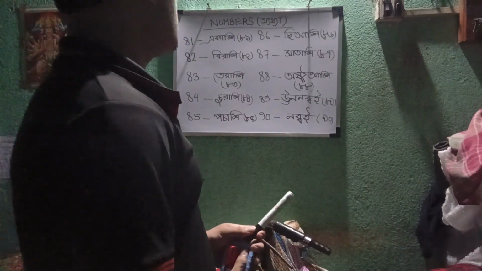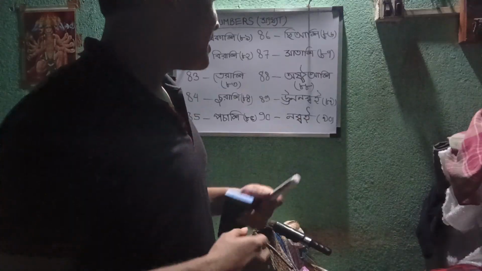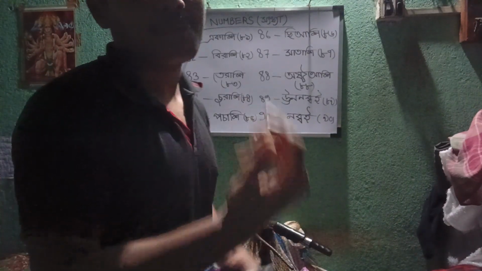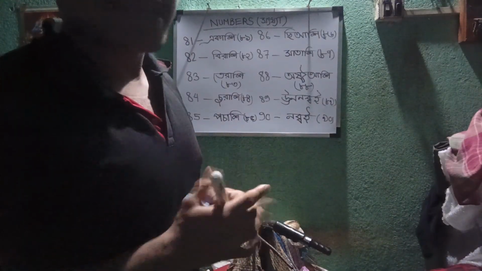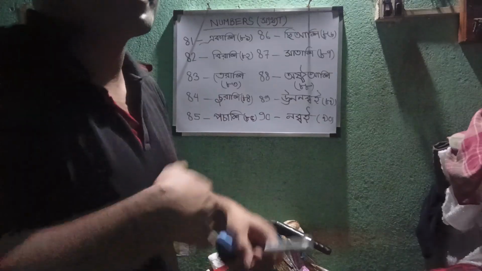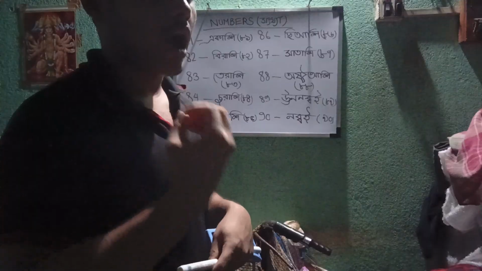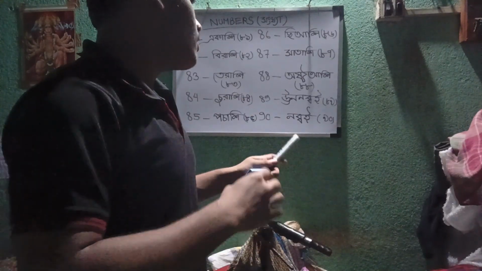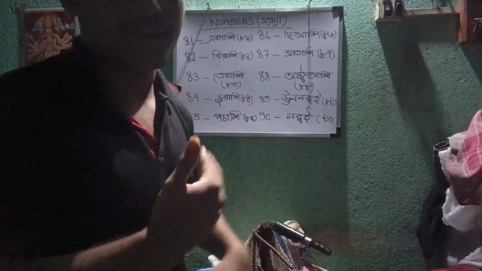If you have a problem understanding why this hoshi becomes nob'ôi, you can comment in the comment section, and I will make a video on how vowels and vowel signs are pronounced: when we use vowels, how it sounds, and when we use vowel signs, how it sounds.